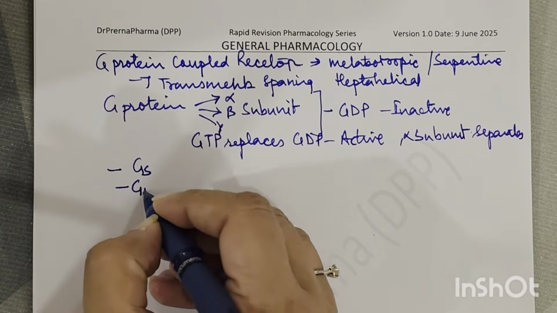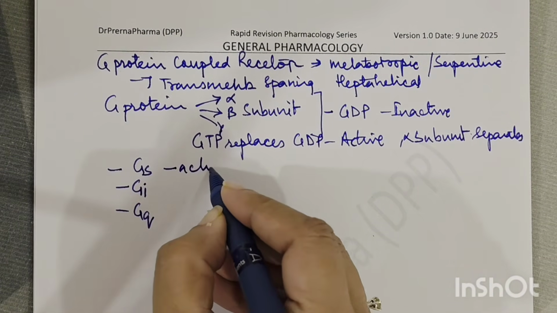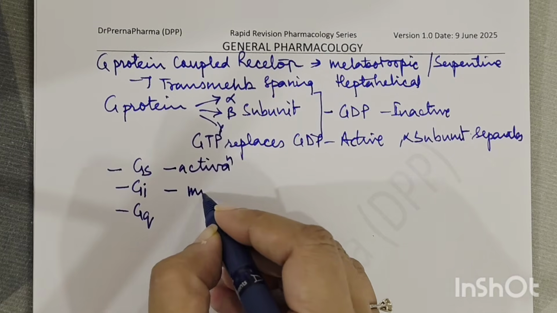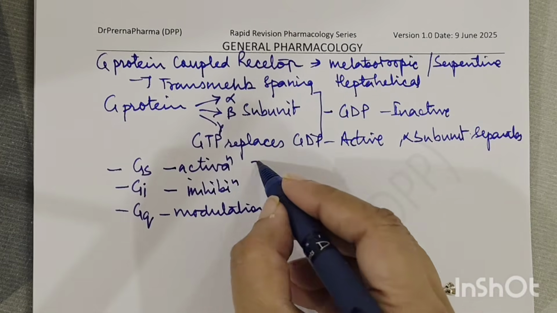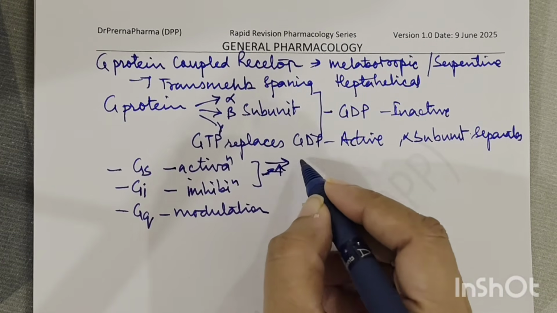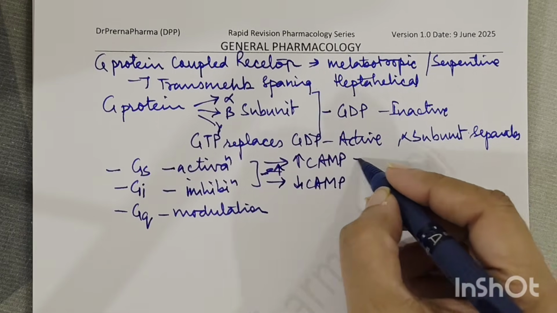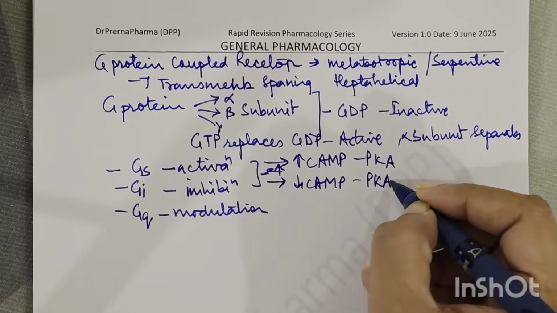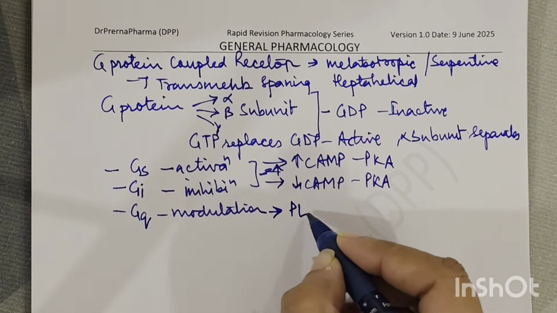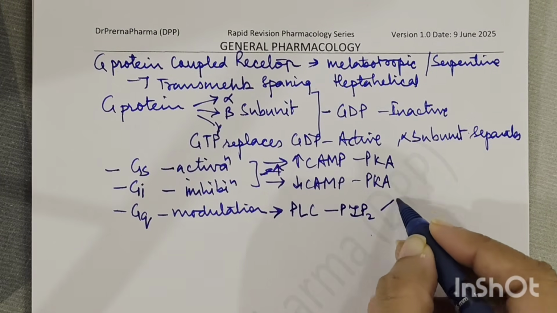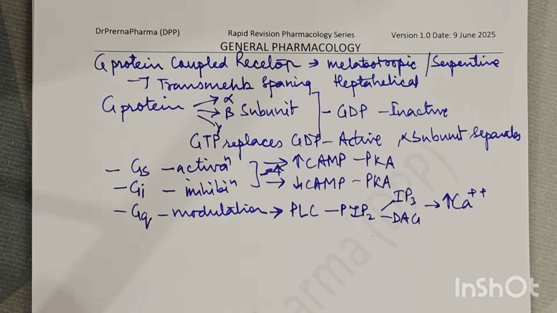Now there are different types of G proteins, that is GS, GQ and GI. GS causes activation, GI causes inhibition as the name itself suggests, and GQ basically causes modulation. Now GS increases cyclic AMP and GI decreases cyclic AMP, as in both act through the cyclic AMP pathway, with activation of protein kinase A and decreased activity of protein kinase A. Modulation, GQ acts by activation of phospholipase C, which converts PIP2 to IP3 and DAG, and they further increase the calcium ion channels, right?